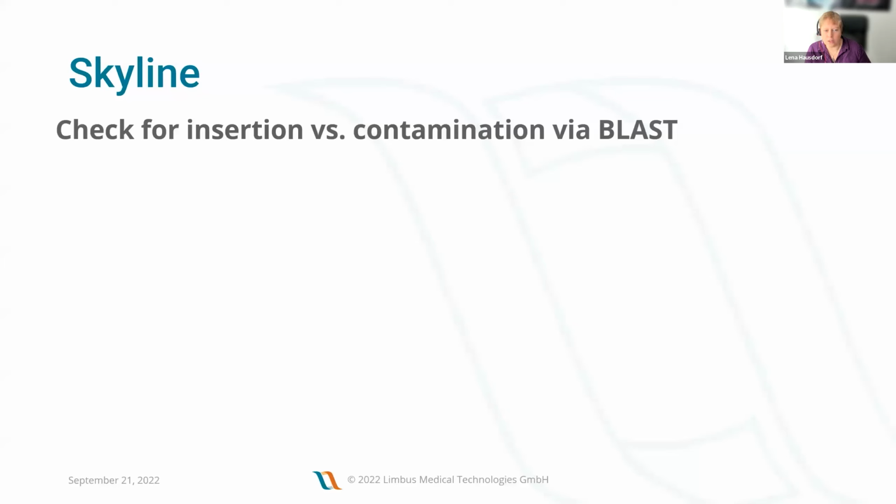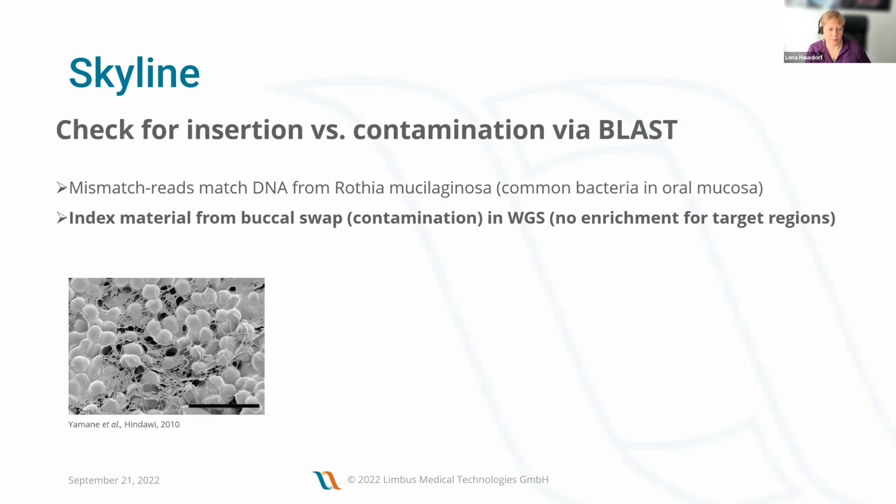What we did was, okay, we said either it's really an insertion, but that was a little bit unlikely, or a contamination. So we just blasted one of the mismatched reads, and then we found out it's a bacterial contamination because it's a buccal swab with oral mucosa. So this is one thing you have to keep in mind when doing whole genome sequencing without enrichment.